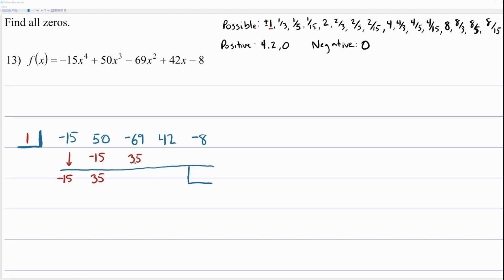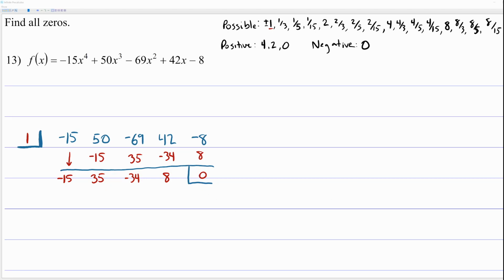Goodness gracious, how big is this going to be? That's going to be negative 34. Negative 34 times 1 is negative 34. 42 minus 34, hey look, I told you it was going to work, is 8. 8 times 1 is 8, and that gets us a remainder of 0.